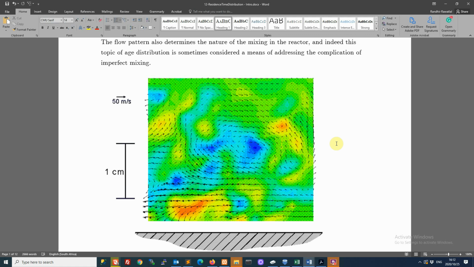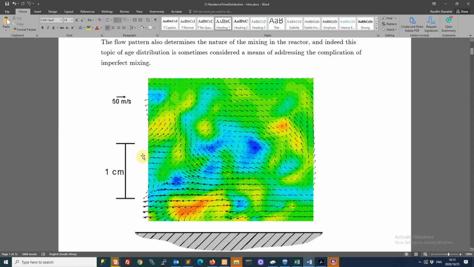And if you think about some of the reactor comments that we made, we often talked around the concept that the more time we spent in the reactor, the greater the extent of the reaction. So we can see that time spent in the reactor space is key to our ability to predict what it's going to do.